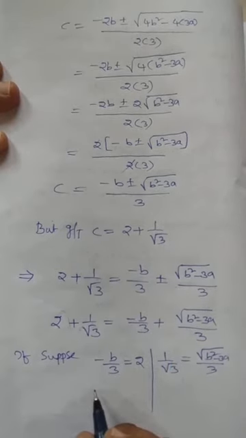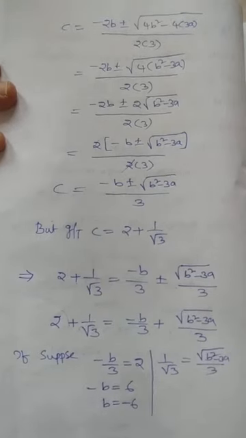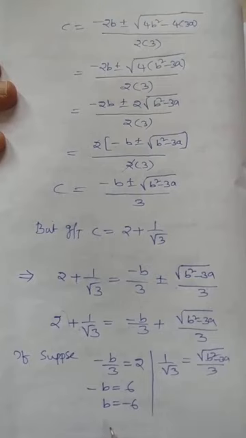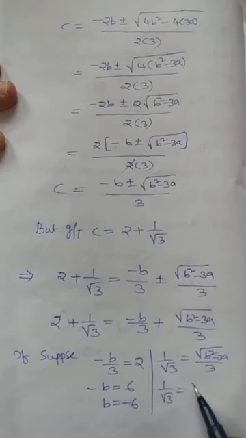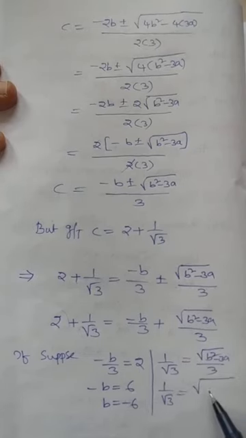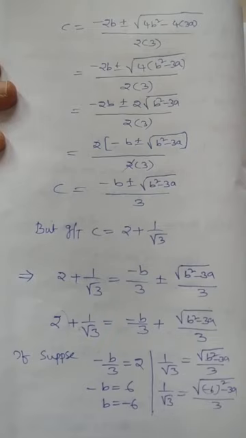Therefore, I got the value of b now like this. Minus b is equals to 6. So b is equals to minus 6. I am substituting the observed b value in this equation. What I could get? 1 by root 3 is equals to under root of minus 6 whole square minus 3a by 3.